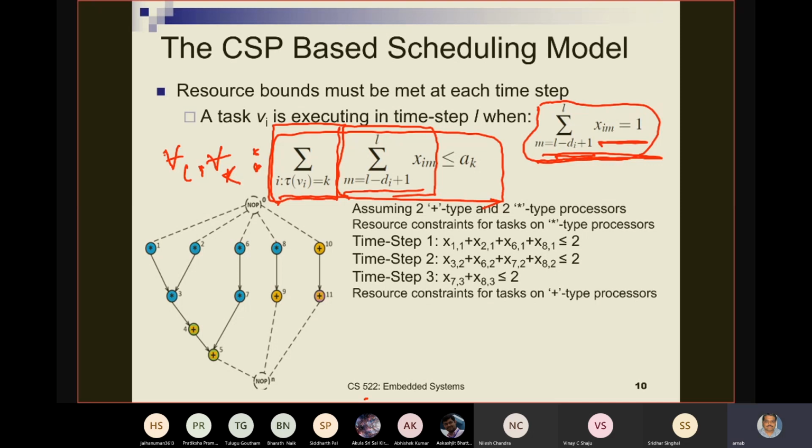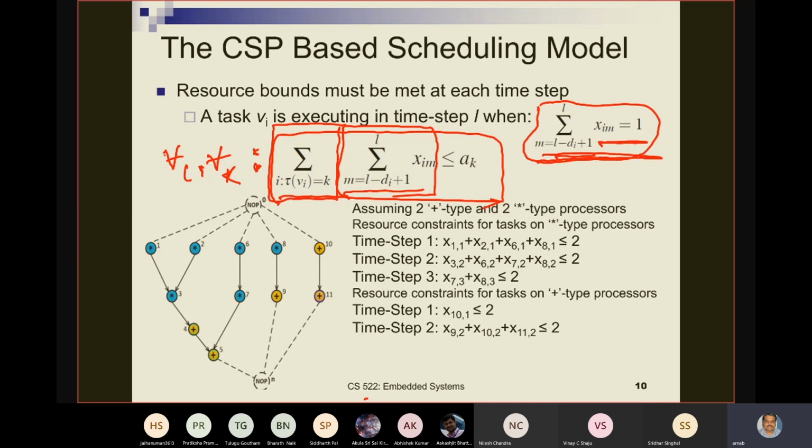For the plus type processors, at time step 1, only x101 can be equal to 1, so the constraint will be x101 less than or equal to 2. For time step 2, x92 can be equal to 1, x102 could be equal to 1, x112 could be equal to 1. You understand that x102 and x112 can never be equal to 1 together because of the dependency constraint, but we do not bother here.